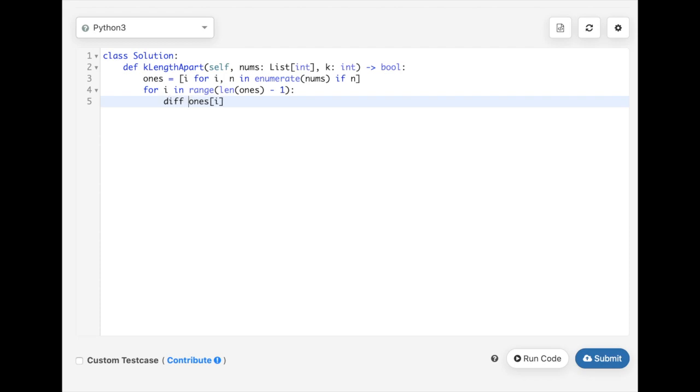So the diff is going to be ones at i plus 1 minus ones at i, and then also remember minus 1. And this diff needs to be greater than or equal to k.